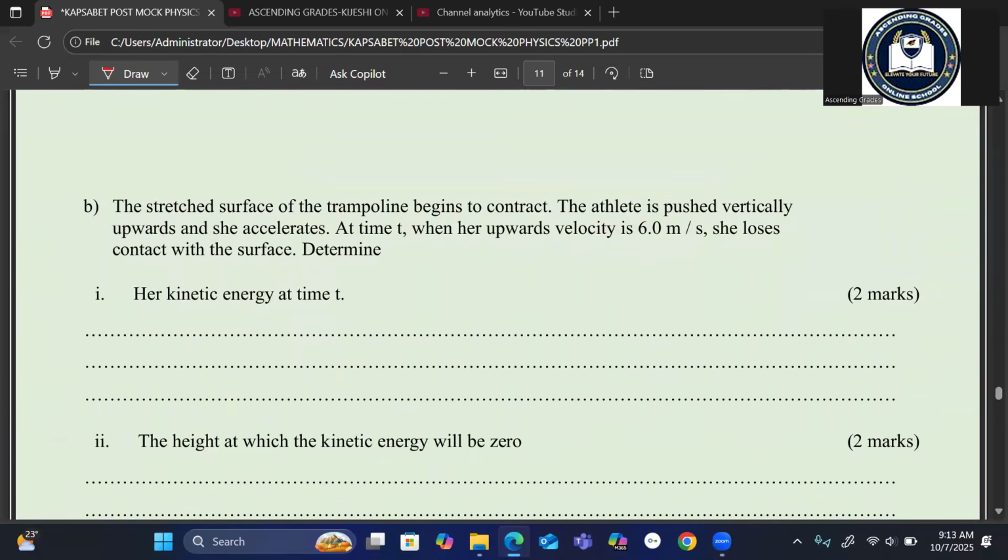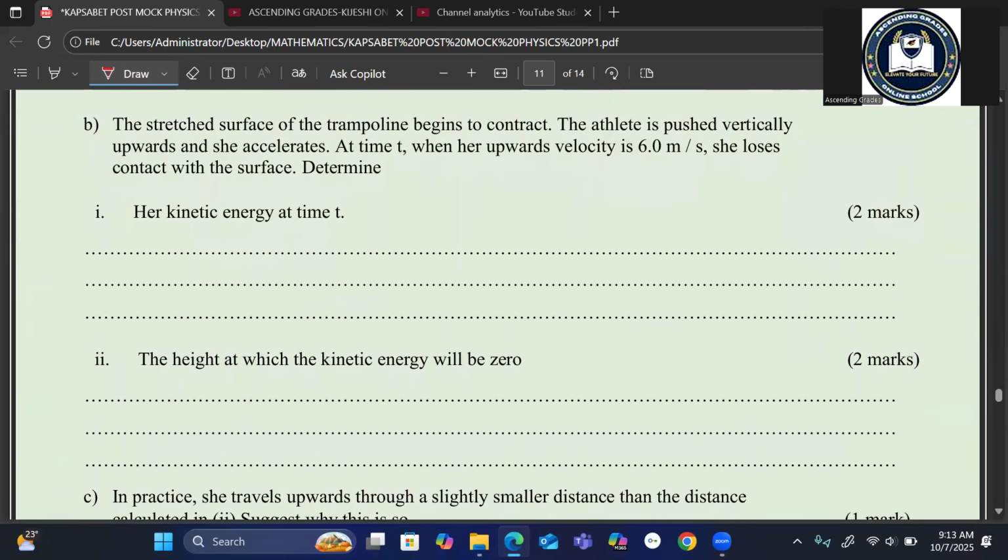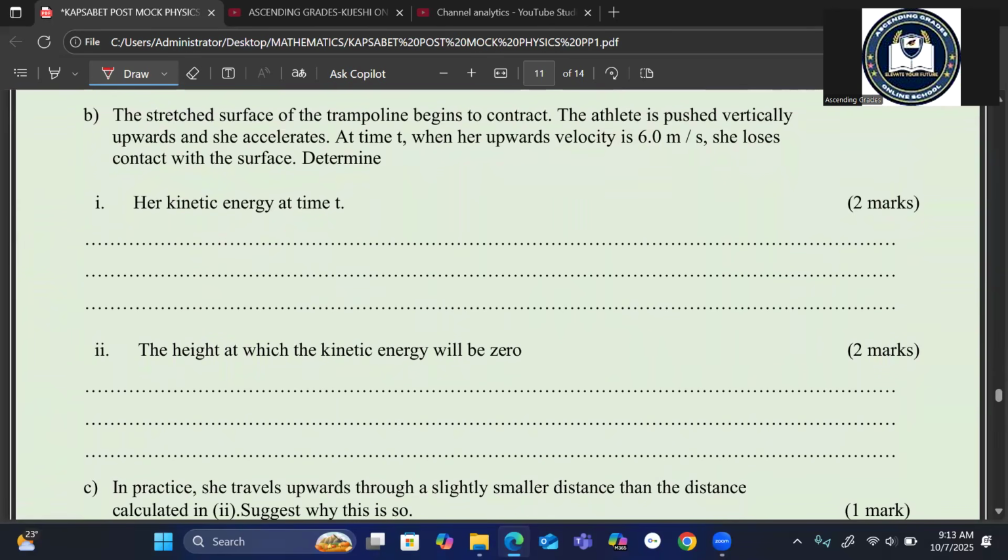The stretched surface of the trampoline begins to contract. The athlete is pushed vertically upwards and she accelerates. At time t, when her upwards velocity is 6 meters per second, she loses contact with the surface.